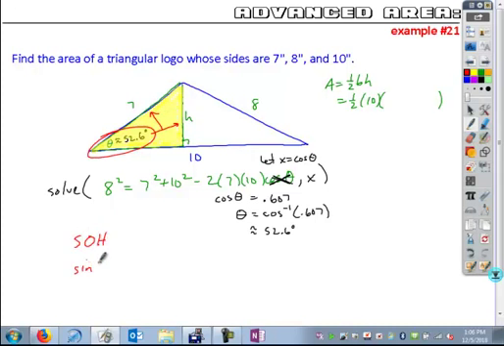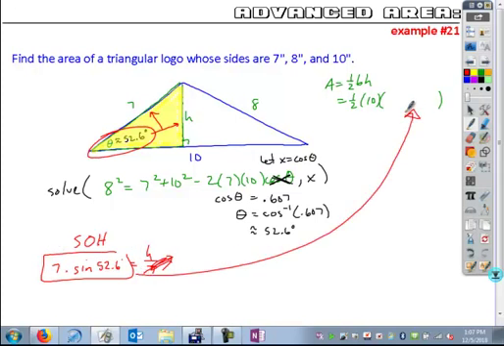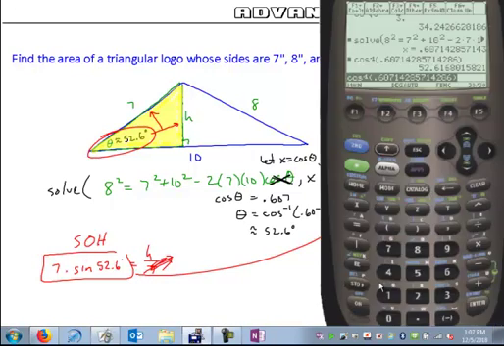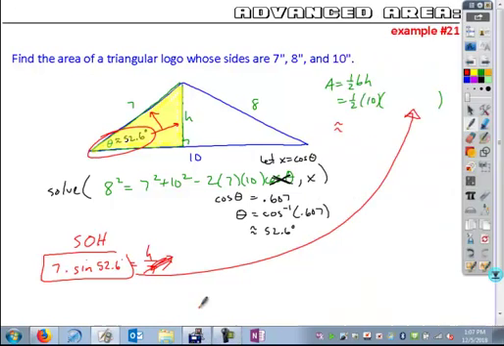So I can take the sine of that angle, 52.6, set it equal to my opposite h divided by my hypotenuse 7. And so I can solve for h by multiplying both sides by 7. So now I have my height. Okay, so when I do my final calculation here, I'm going to go ahead and rewrite this really quickly.